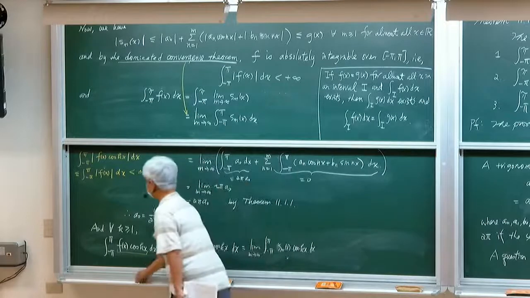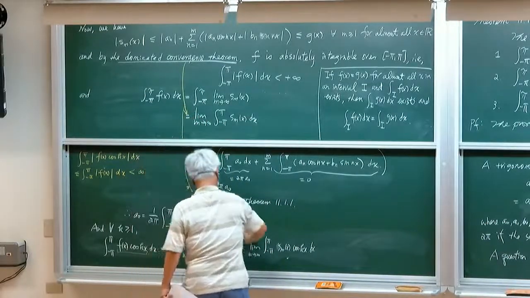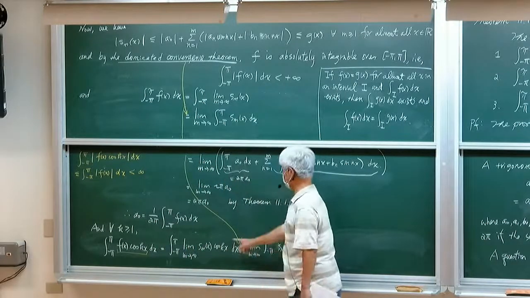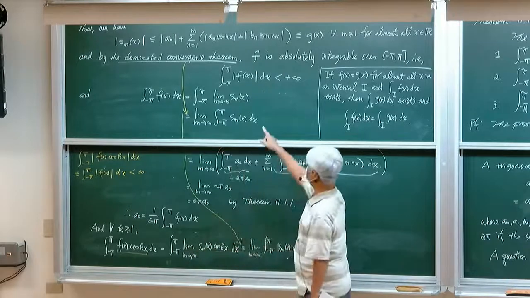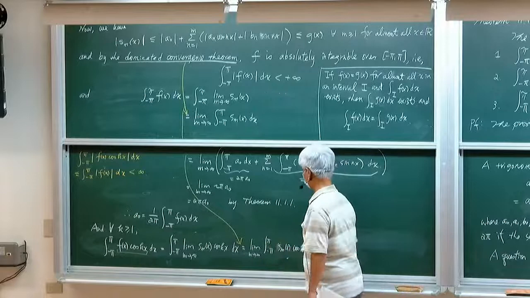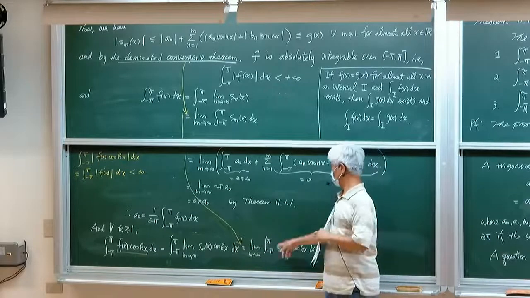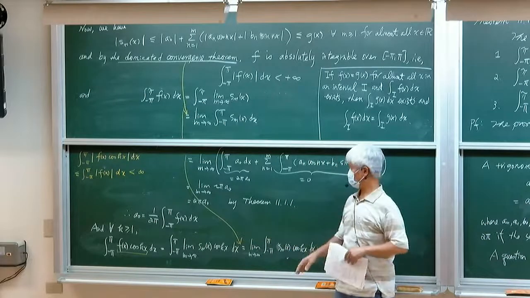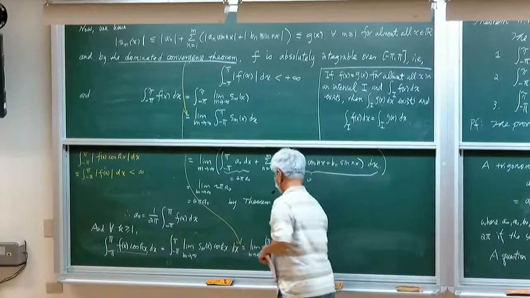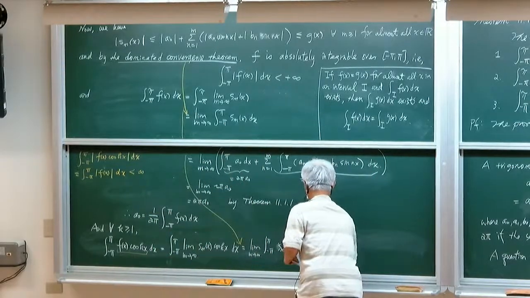So once again, we can exchange the limit and the integration because of the dominated convergence theorem. Once we lift out the limiting process, things become easier, as we have done before. So this is the limit.